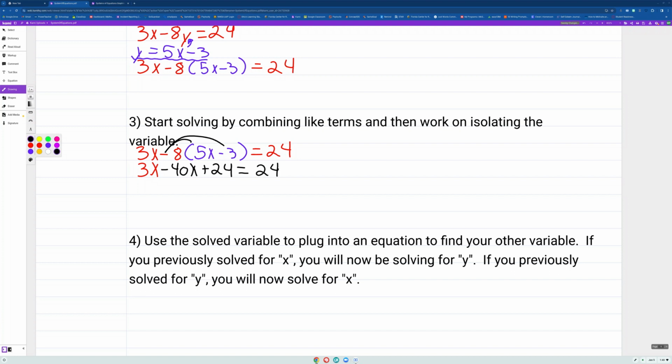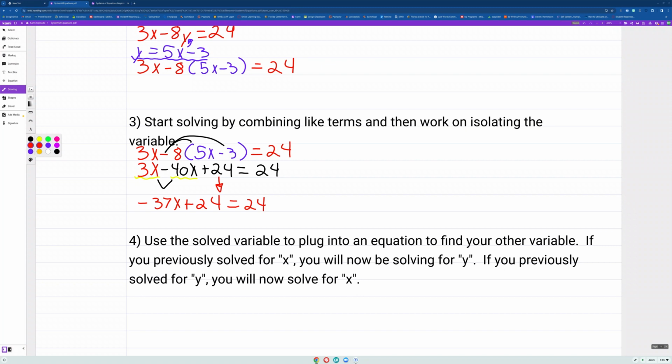So now I'm going to combine my like terms, okay? So I see that there's two x's here, so I'm going to combine those. So 3x minus 40x is going to give me negative 37x. And then bring this down, plus my 24 is equal to 24. So keeping in mind, my goal right here is to get my x all by itself.